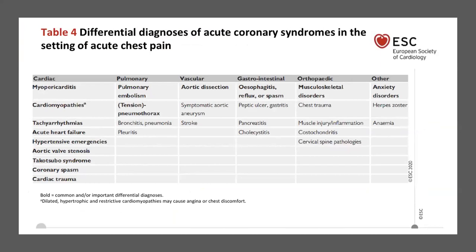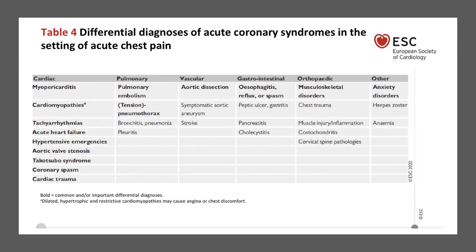So for differentials of acute coronary syndromes, we have mentioned them just broadly. The classification is: it could be cardiac in nature, it could be pulmonary, it could be vascular, where it's important to differentiate aortic dissection and diagnose it very early. It could be gastrointestinal, in patients with esophagitis, reflux, spasms, peptic ulcer disease and gastritis.